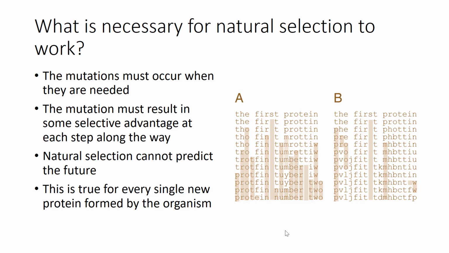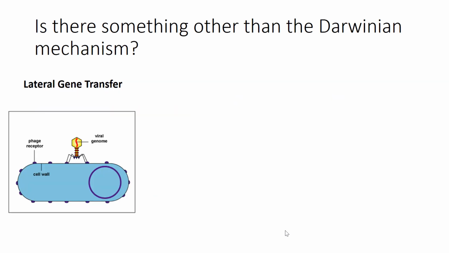And so not only is this challenging, that every single new protein that you generate is going to require these mutations to show up on time, these mutations to provide some selective advantage every single step along the process of generating a new protein, but on top of that, we're going to need a lot of regulatory material for every single one of those new proteins.